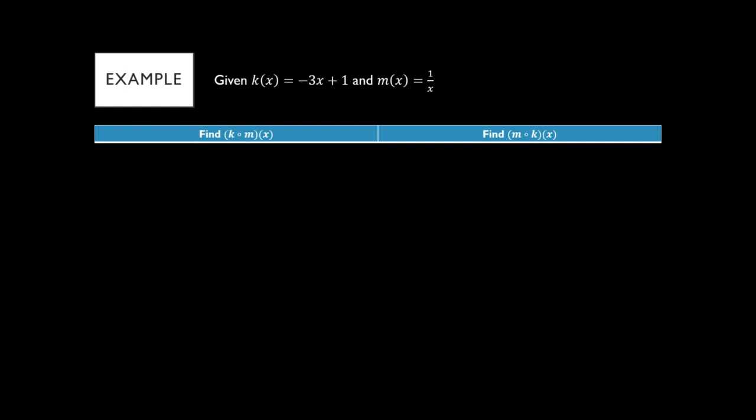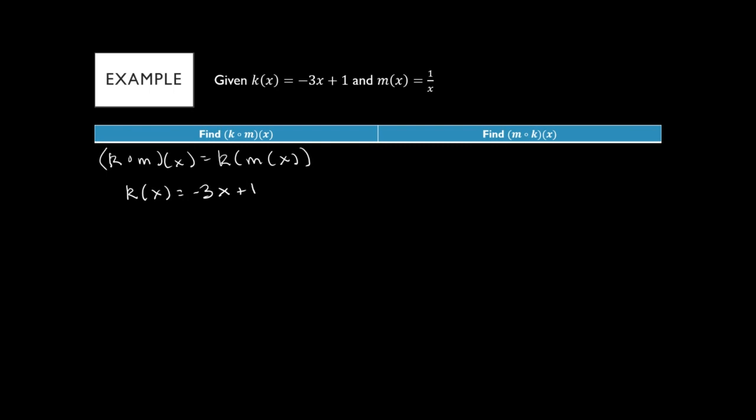So color coding is another way that this is going to be sort of helpful so you can see what you're plugging in. And so I'm going to first rewrite this. This is going to be K of M of X. So we are plugging M into K. So I usually start with writing the outer function. K of X is negative 3x plus 1.